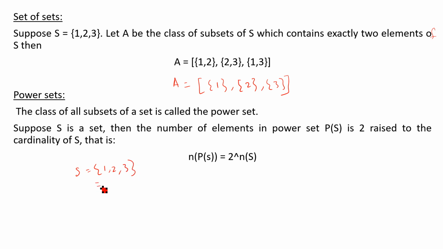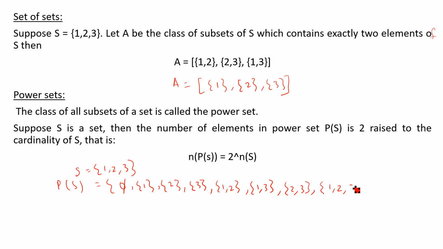All the possible subsets would be the power set: the empty set, or null set. This is also a subset: {1}, {2}, {3}, {1, 2}, {1, 3}, and {2, 3}, and this is also a subset: {1, 2, 3}.